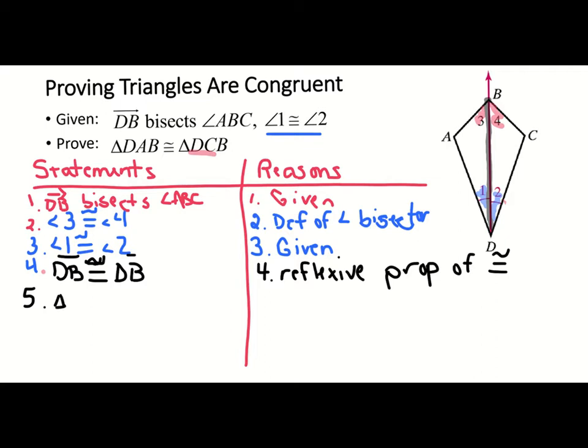I have enough information. How can I prove that triangle DAB is congruent to triangle DCB? Hopefully, you can see we have an angle, a side, and an angle. So you said the angle-side-angle postulate.